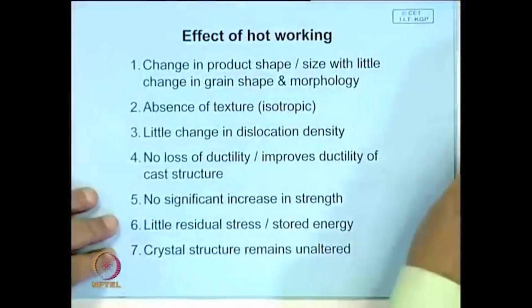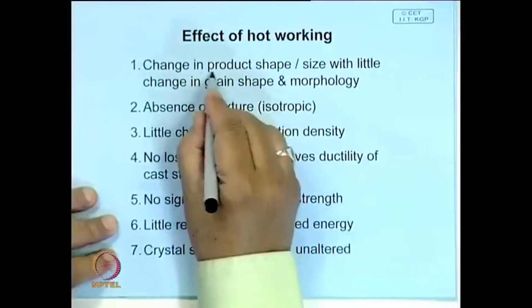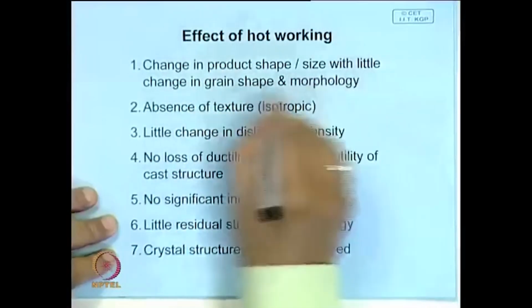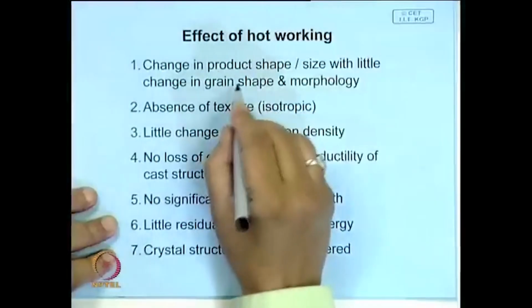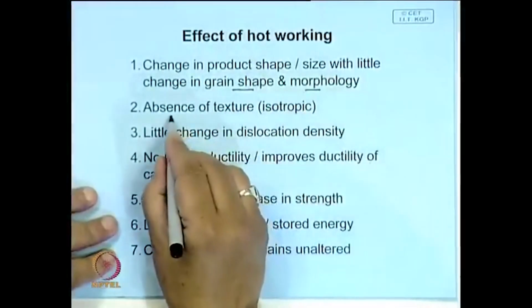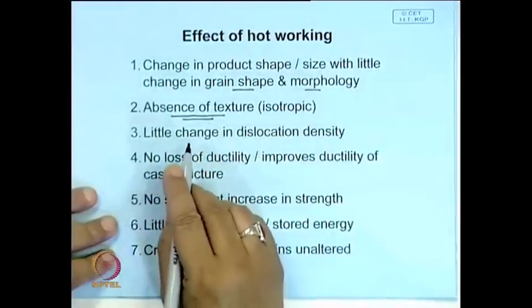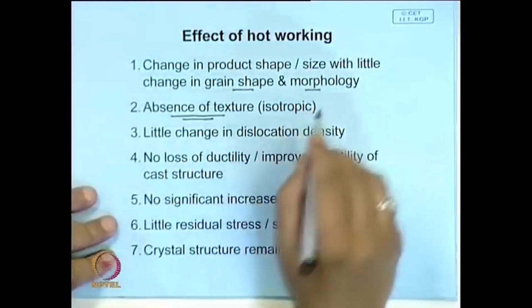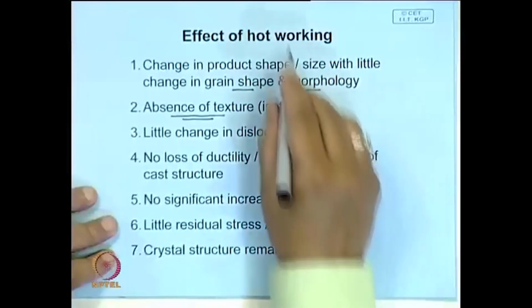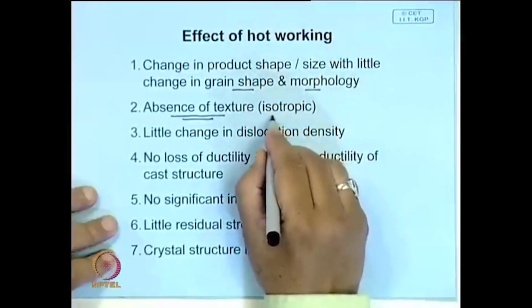As against cold working, in hot working there is also a change in shape and size of the product, with little change in grain shape and morphology. There is absence of texture, but it also depends on the prior cold work. If you have given a material very heavy cold work and then you are doing hot working, it may be difficult to remove some of the texture.